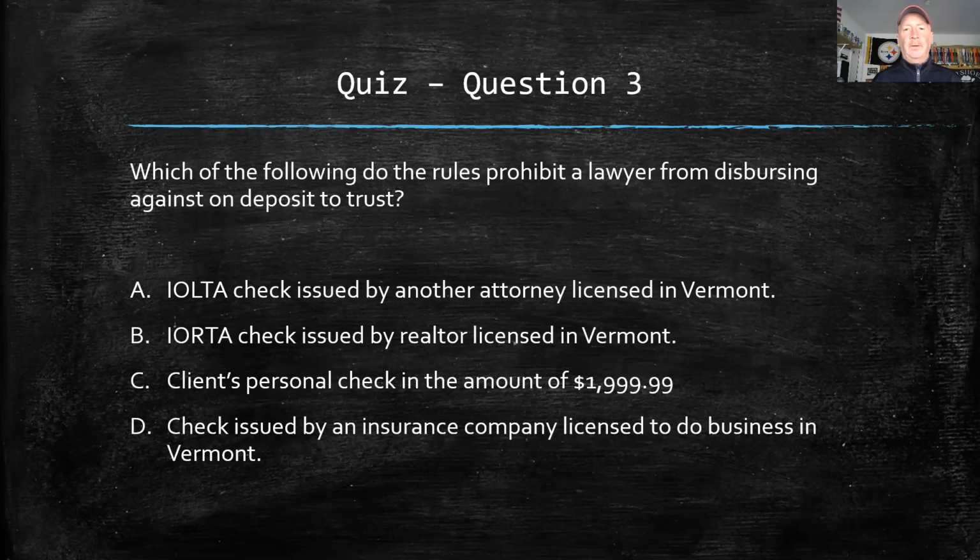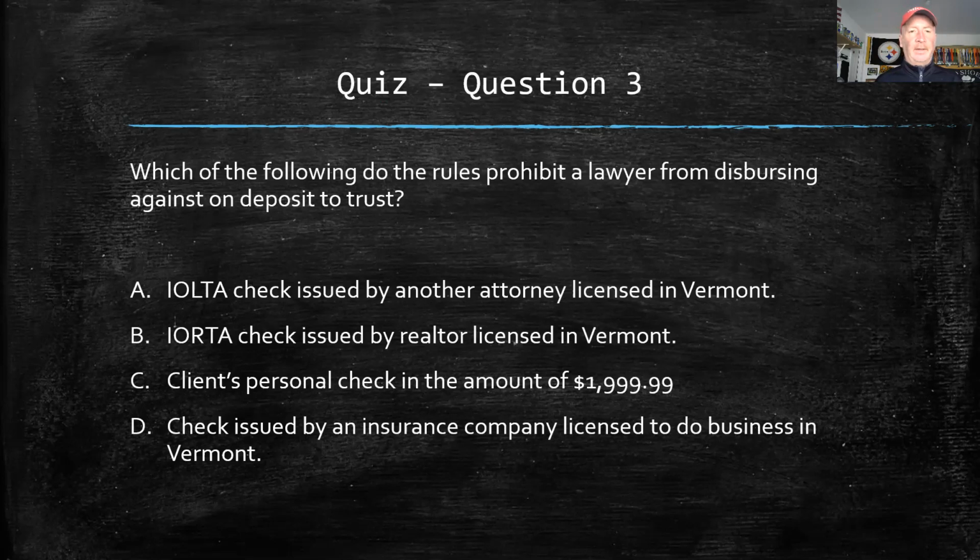Question 3. Which of the following do the rules prohibit a lawyer from dispersing against upon deposit to trust? So 3 of the instruments I'm about to read off that are listed there, a lawyer can write against upon deposit. There's 1 a lawyer cannot write against upon deposit. The lawyer has to wait for the funds to be credited to the account. Which one does the lawyer have to wait for to write against?